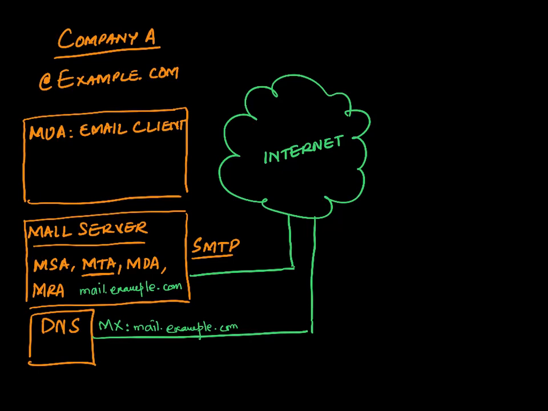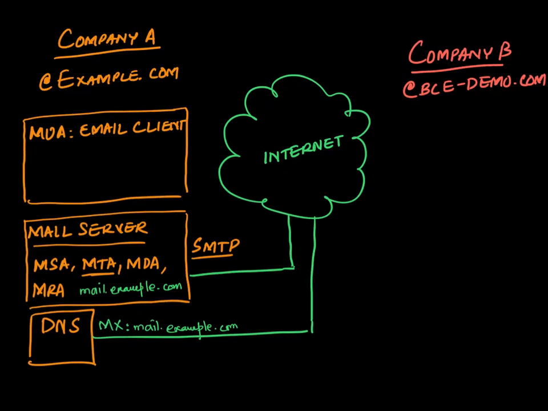A similar model will work for the other company, which I'm going to establish here now. It's company B. Same thing, but a different domain. So we have bce-demo.com as the domain. This is the domain for the other company, company B, which I'm setting up now.